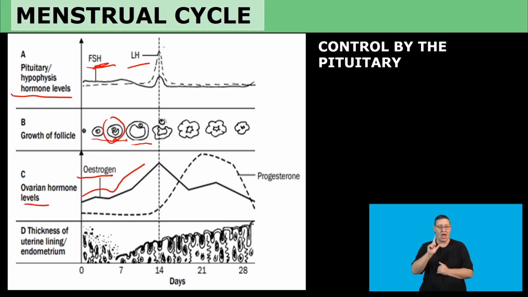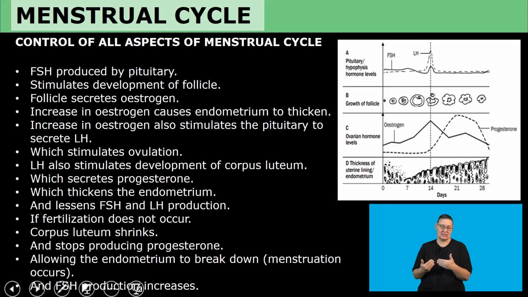And you can see the link that LH, also a pituitary gland hormone, is taking its peak somewhere along the way when ovulation takes place. This is now rupturing. The Graafian follicle is rupturing. Hence, we spoke about the process of ovulation.